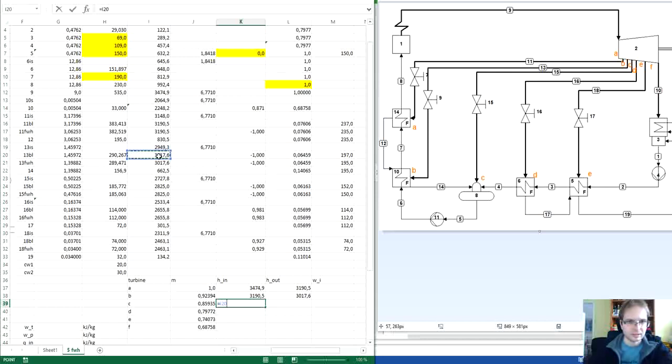Following one starts at 13 bleed and outlet is at 15 bleed. Then another starts at 15 bleed and outlet is at 16 bleed. We have one starting at 16 bleed and outlet at 18 bleed, and the last section has inlet of 18 bleed and outlet is node number 10.